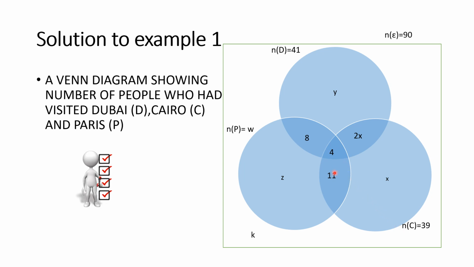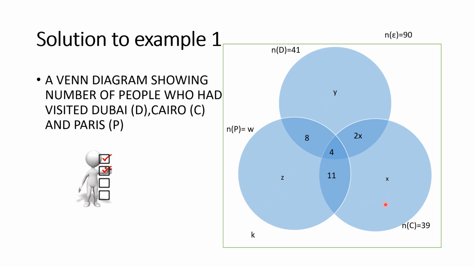So here we need to subtract 4 from 15 and get 11, the one you are seeing here. Then 8, those who had visited Dubai and Paris only. Then Y had visited Dubai only. Then Z had visited Paris only.